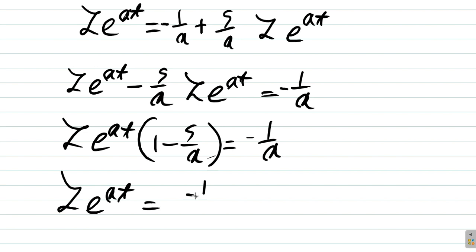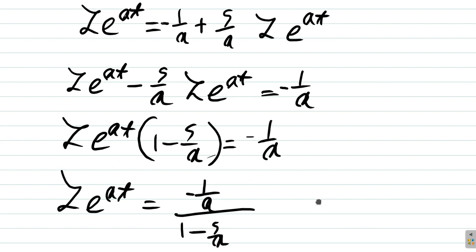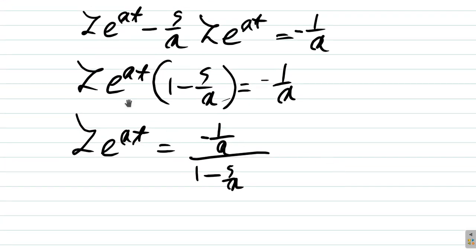So it's negative 1 over a divided by 1 minus s over a. Now, let's deal with this using our knowledge of fractions. This is negative 1 over a, all over. We could use common denominators here, or you could draw the line and find the LCM if you want. But let's use common denominators.